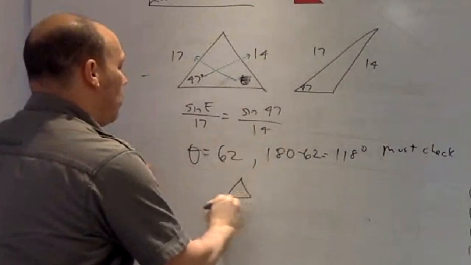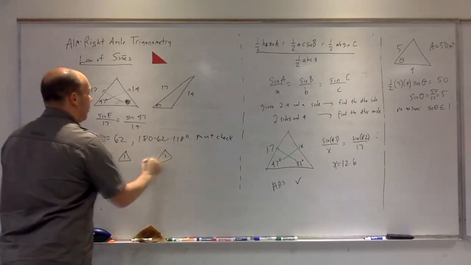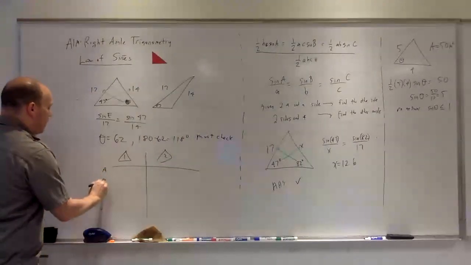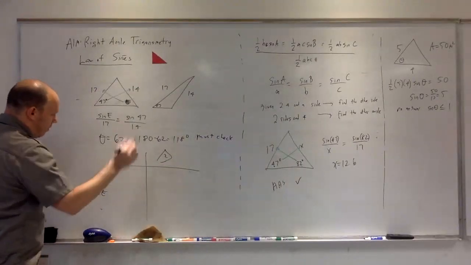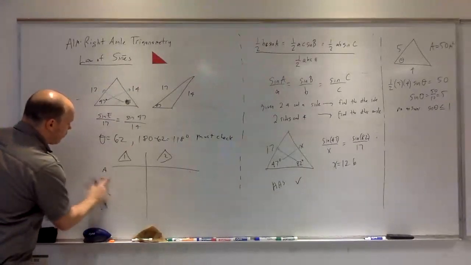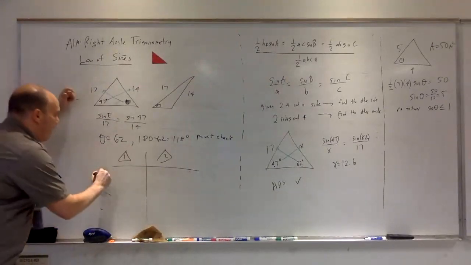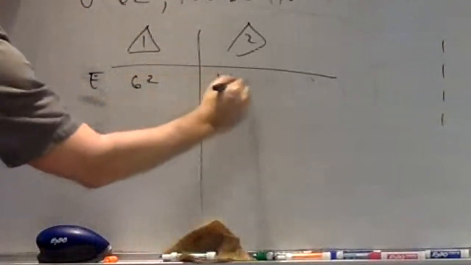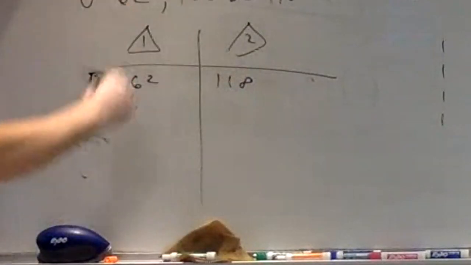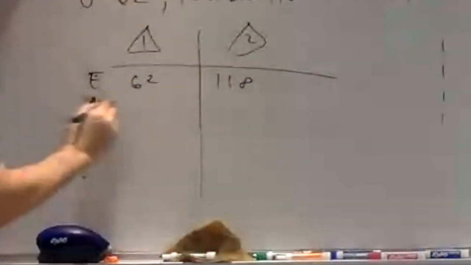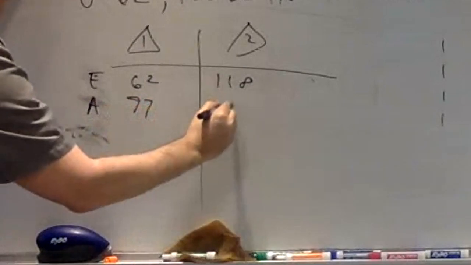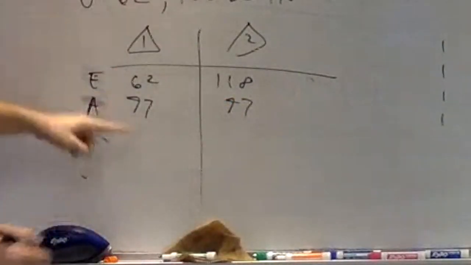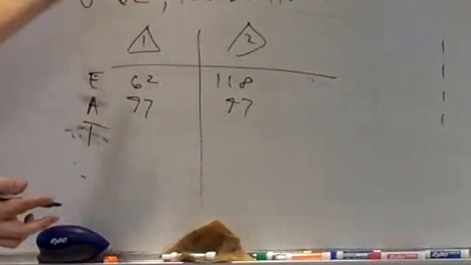Let's assume there are two triangles. Triangle 1, triangle 2. Let's call the angles A, B, and E. We have angle E, which was 62 and 118. We had an original angle, let's call it A, and that was 47. Is it possible that there's a third angle here?